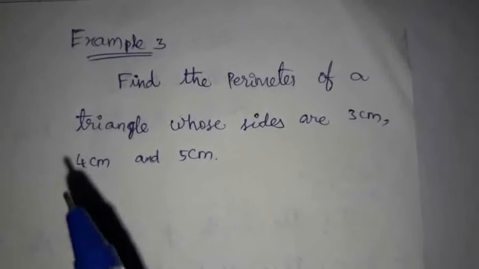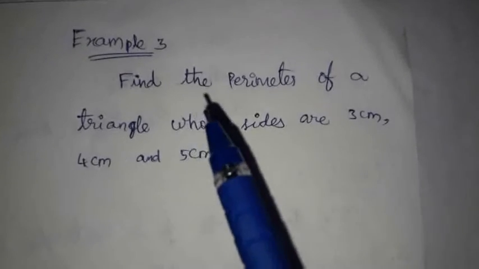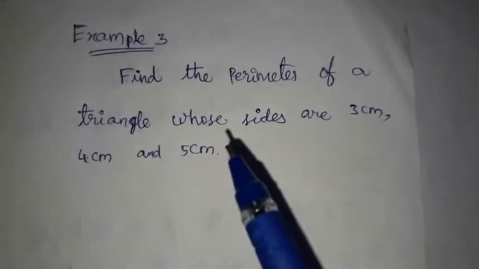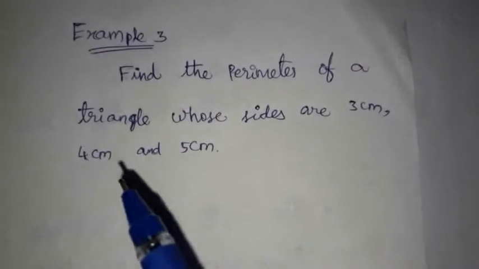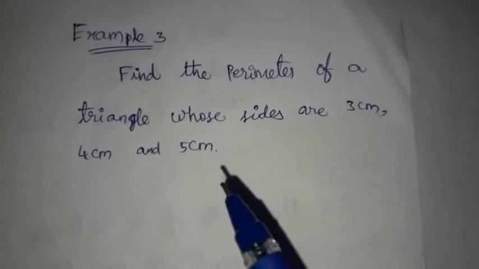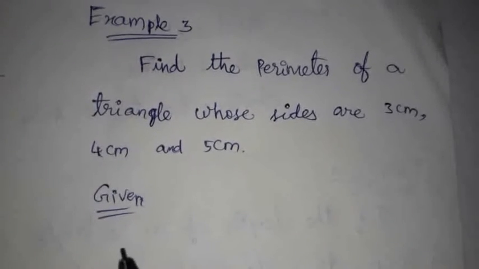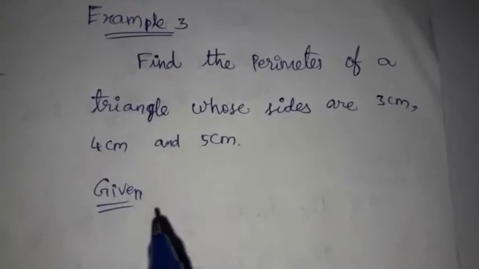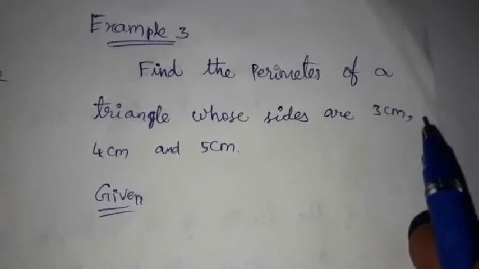Let us see the next book example. Example 3. Find the perimeter of a triangle whose sides are 3 cm, 4 cm and 5 cm. First you have to write what is given in the question. 3 sides are given.